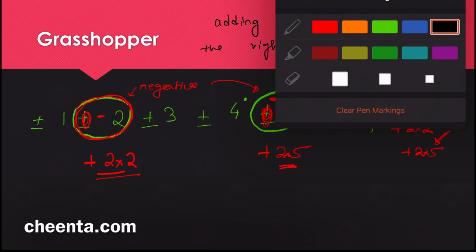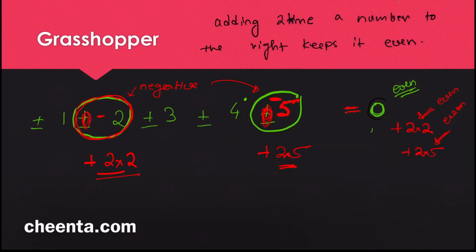So at every step, this particular thing on the right hand side remains even. What happens to the left hand side?